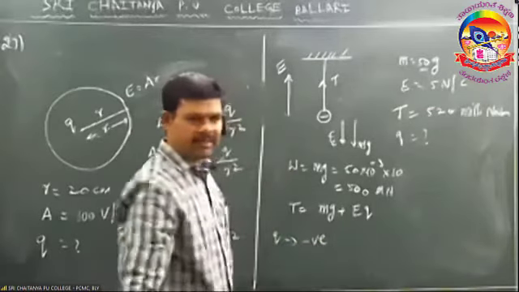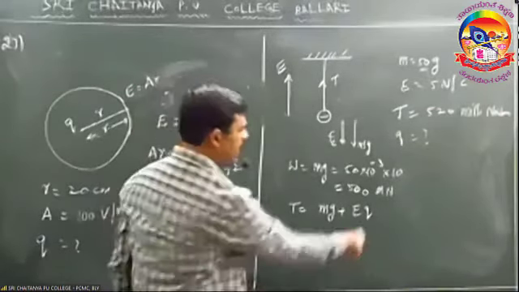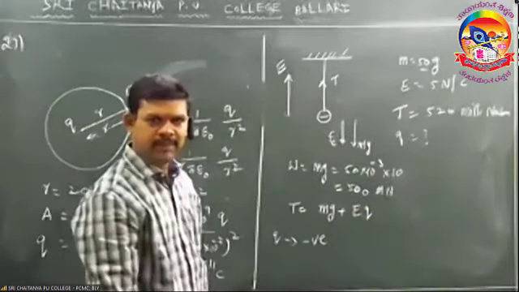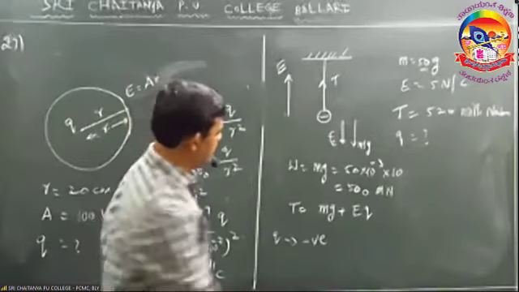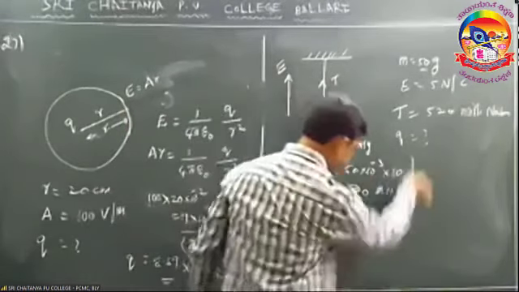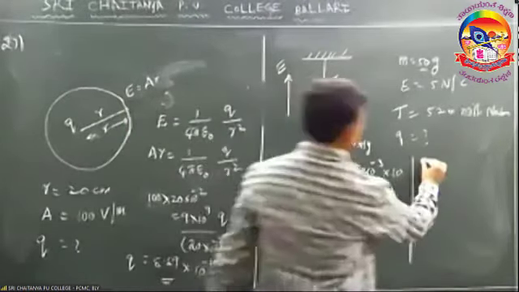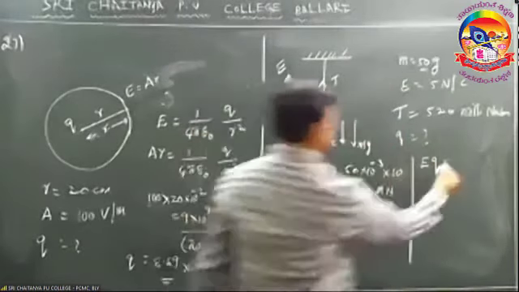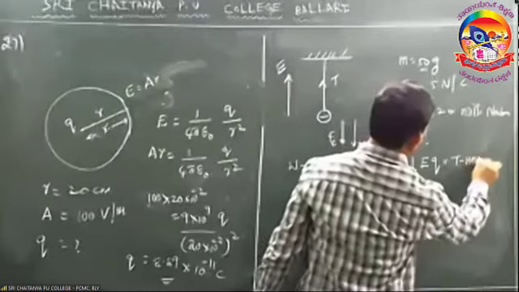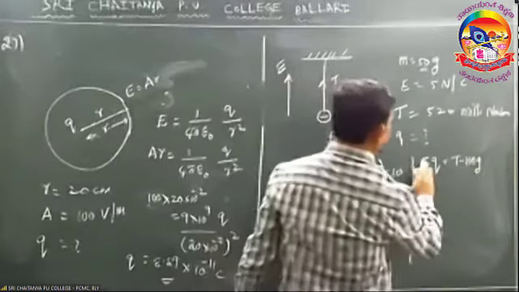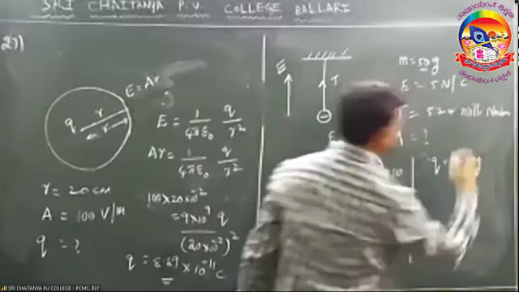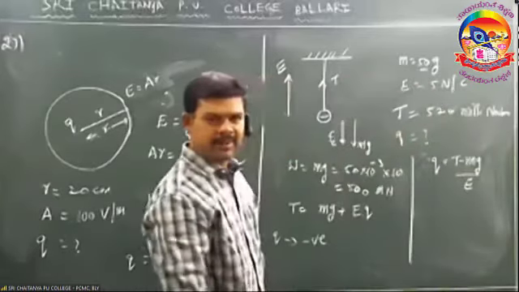One thing is clear. Next, how much is this charge? This is what they are asking. See, EQ is equal to T minus mg. Then Q is equal to T minus mg by E. Right?